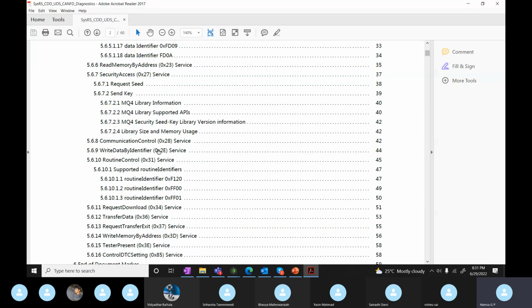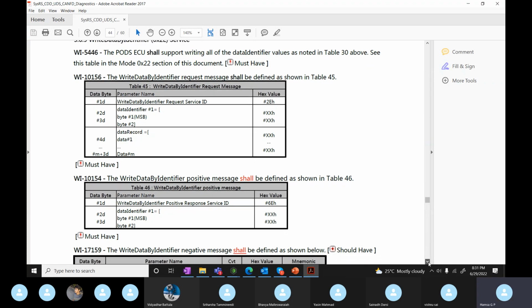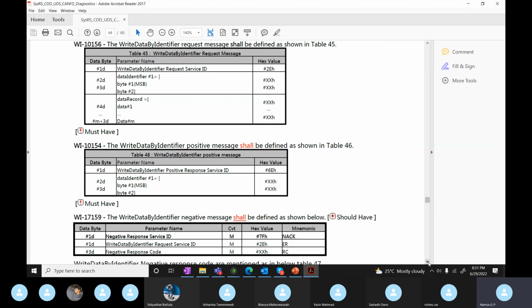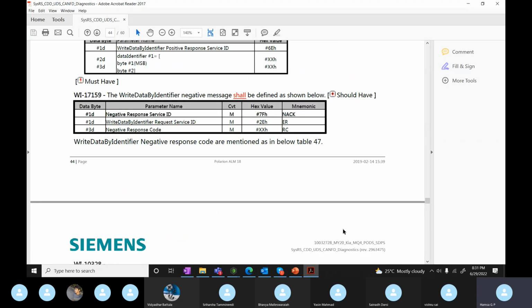See, this is routine. 28, communication control, we have already discussed. 2E, write data by identifier. If I go here, this is how the requirements will come, but not in a PDF, in a requirement configuration tool. If you export, you will be exporting to a PDF or Excel sheet. That's it.